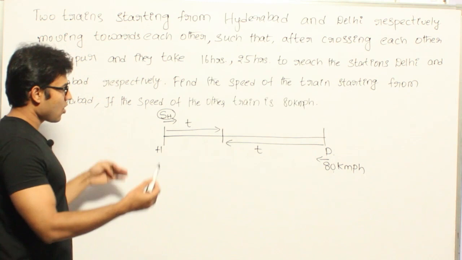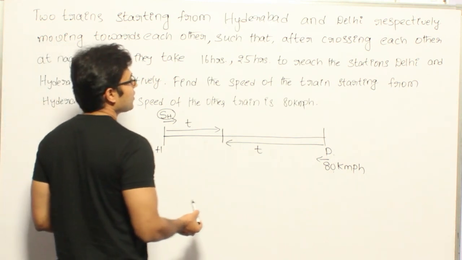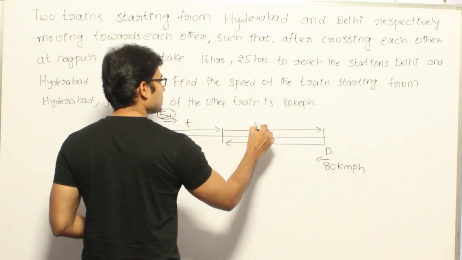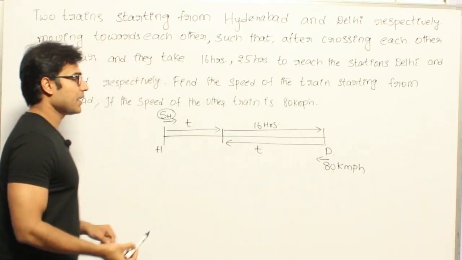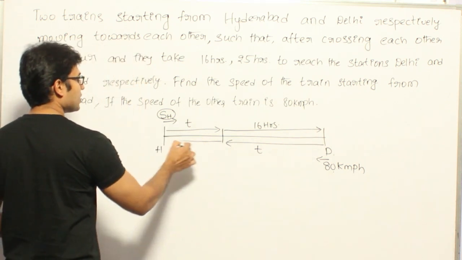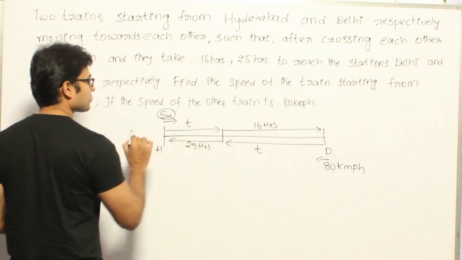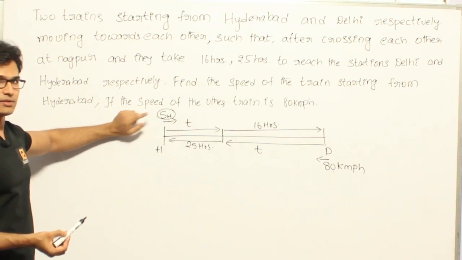Now they are saying that after crossing over, they take 16 hours and 25 hours, which means this one is going to take 16 hours to finish reaching Delhi, and this one is going to take 25 hours to finish reaching Hyderabad. This is given, right? Now we are supposed to find out what this speed SH is, right?